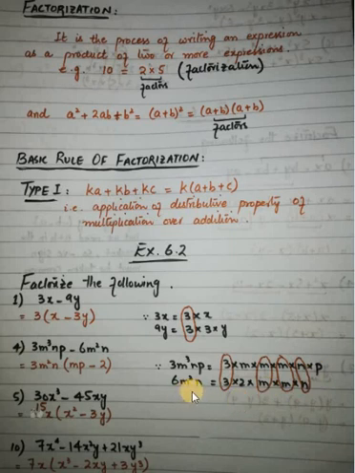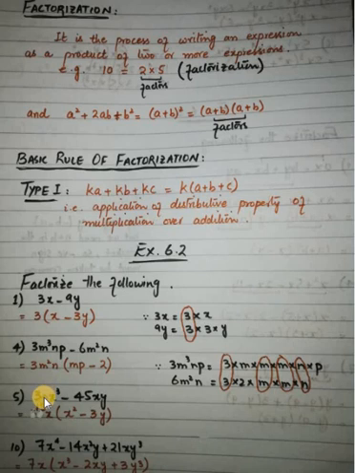Again, 6m square n can be completely factorized as 3 into 2 into m into m into n. And you can have a close look. 3, m, m and n, that is 3m square n, is common, and you will be left with mp in the first term and only 2 in the second term. So after taking 3m square n common, you will get mp minus 2.